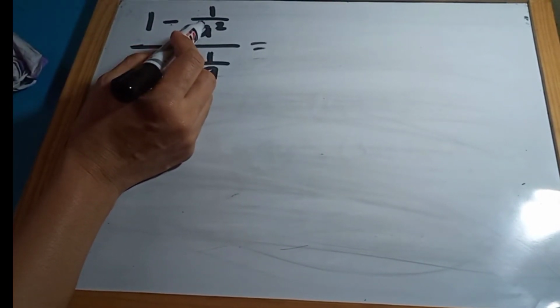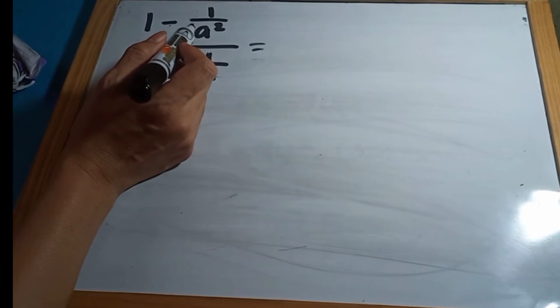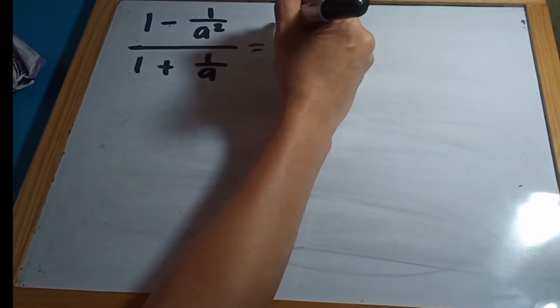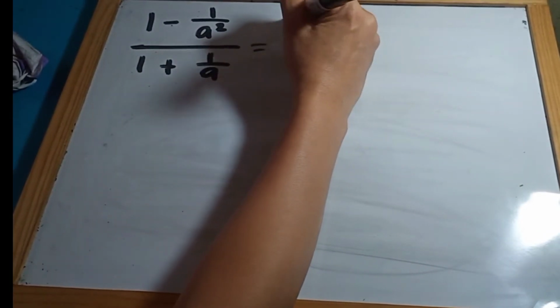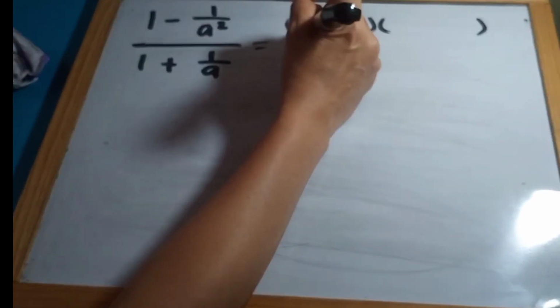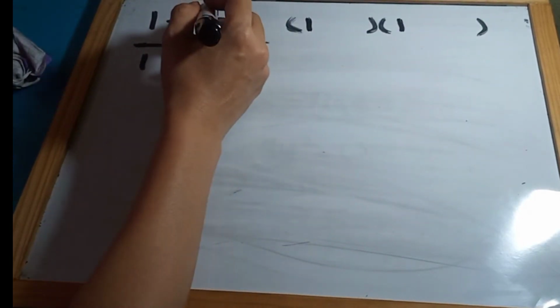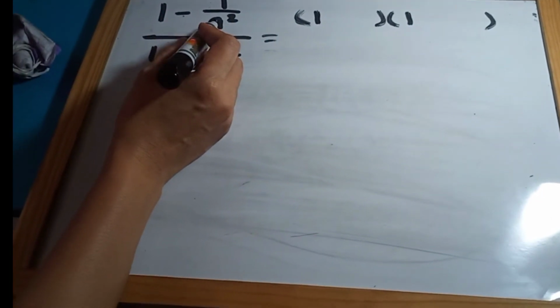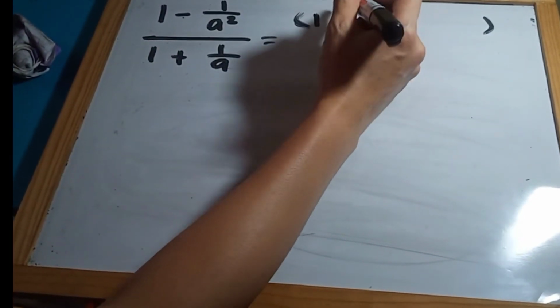So, applying the difference of two squares, ano yung magiging factor ng ating numerator? So, this is 1, and then 1 over a squared, ano yung magiging factor niya?